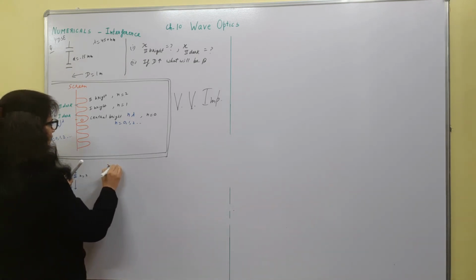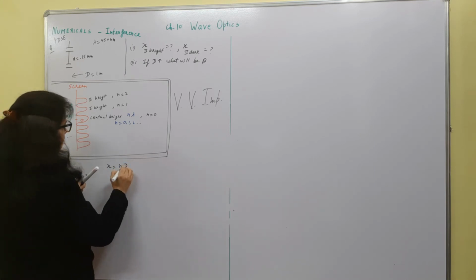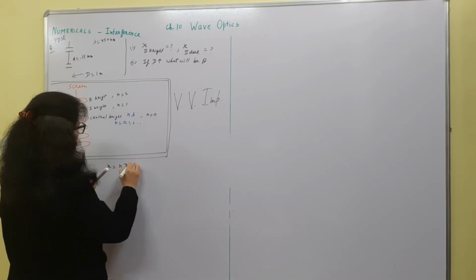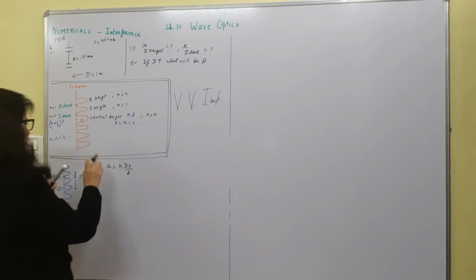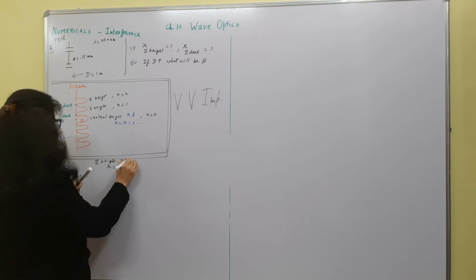We know that x is equal to n D lambda upon d. So for this second bright, n is equal to 2.